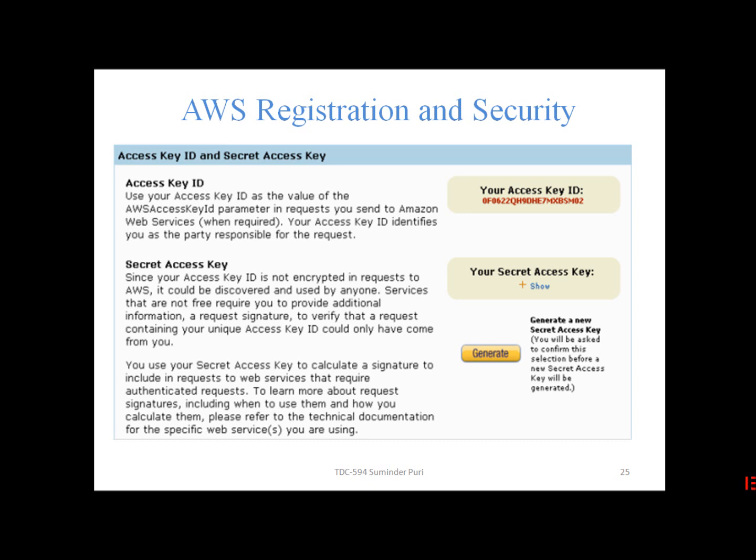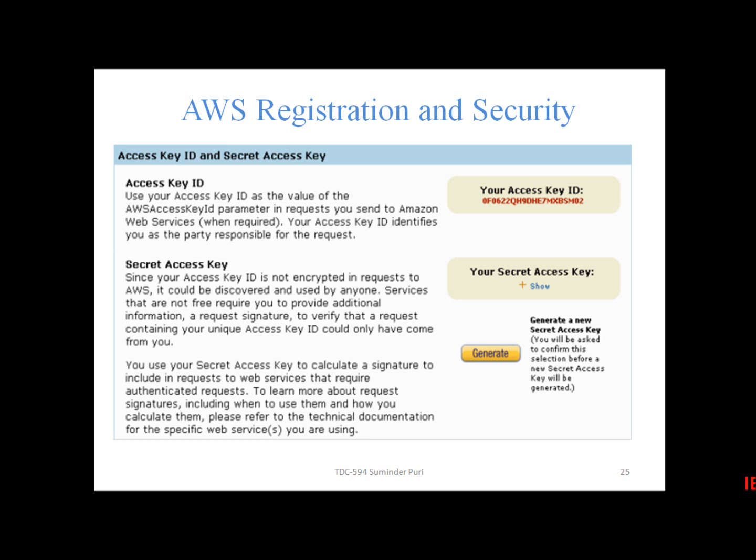This allows you to rotate keys without impact to your application availability. AWS recommends that one should always rotate keys on a regular basis. To rotate keys, you create a new key when you access the account, update your application to use the new key, and then deactivate or delete the original key.